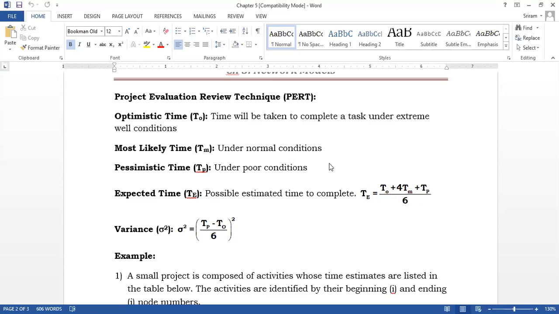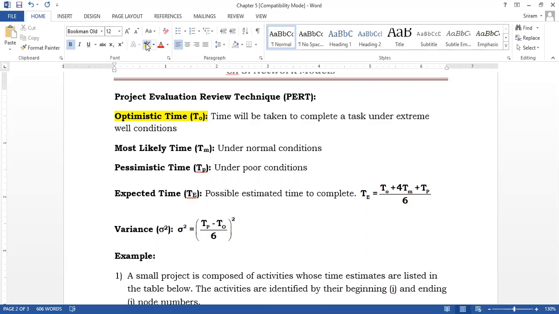Now we have three different timings. The first one, when students submit before time, is called optimistic time.